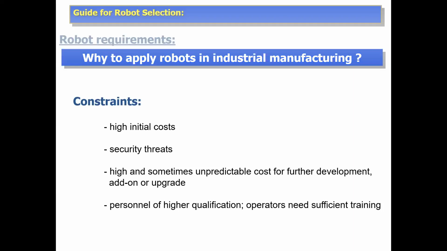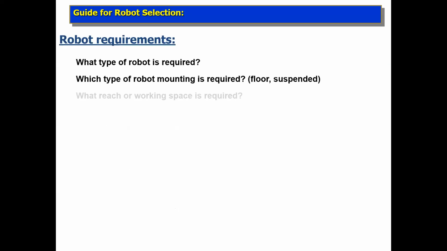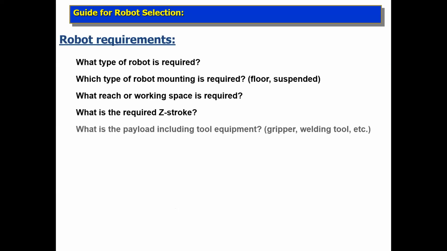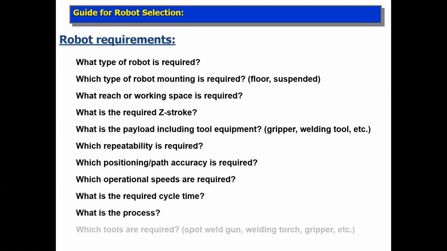Otherwise, you have a problem. Then you look at what type of robot, how it is mounted, which one we need, the set stroke, the main direction, how much movement we need, and what the payload of the robot is.